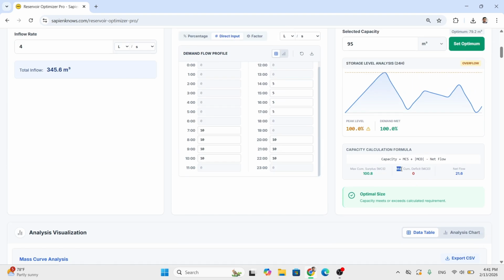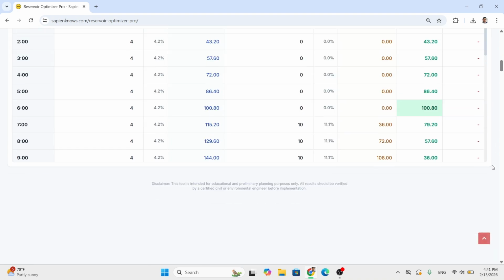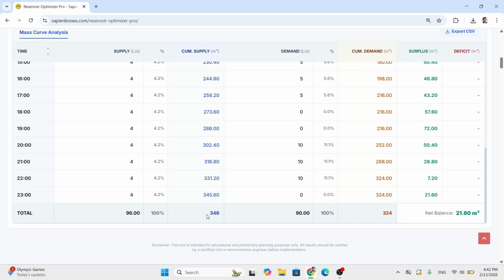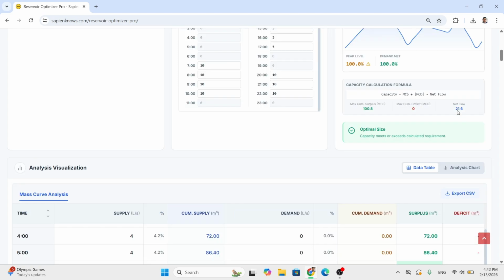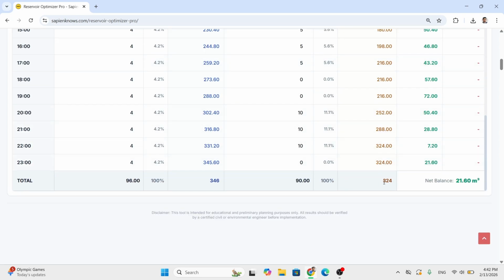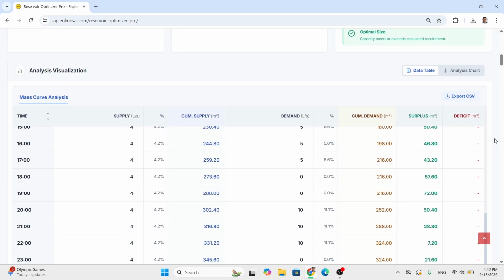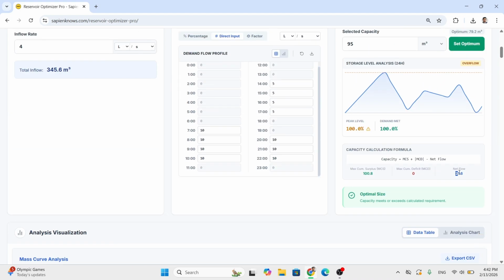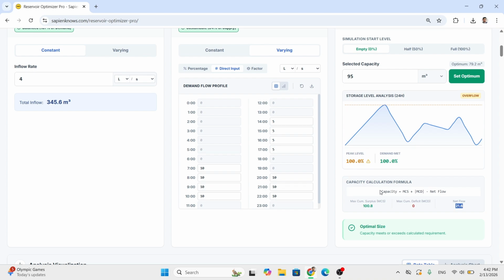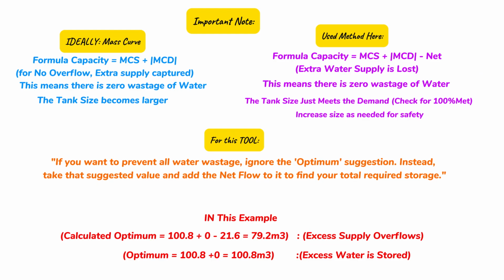So the maximum cumulative deficit is 0, and the net flow is 21.6, which is nothing but just 346 minus 324 is 21.6, because of the point values not shown here due to the round off value. It's 21.6 net flow. So in this way the optimum capacity is calculated.